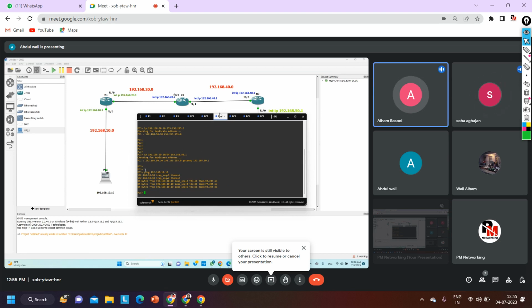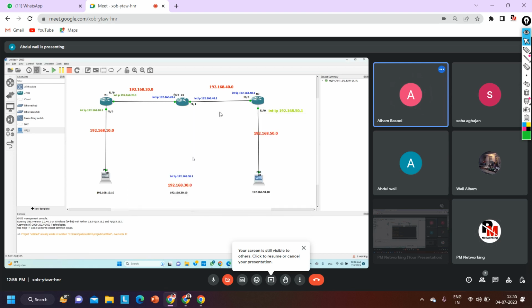Yeah. So I have a question in the same topology. Could you please minimize this one. If you have another network, like if another switch connects to R2, and we do the routing table from router 1, are we supposed to route 192.168.50.0, or should we do the middle one?